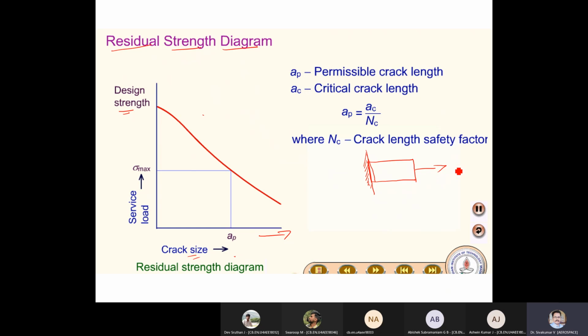So I have its strength, that is the ultimate strength, isn't it? If I apply a P, the maximum I can apply, that is the ultimate strength. If the component is without any crack or flaw, then I will get its ultimate strength. So that point is here, because no crack.